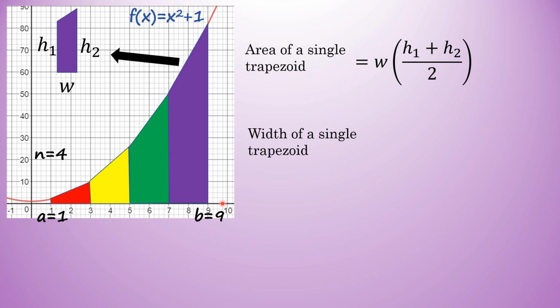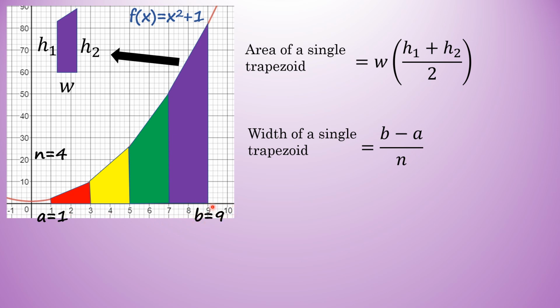Well, the trapezoids cover 8 units from x equals 1 to x equals 9, and there are 4 of them. So the width of a single trapezoid is the difference between 9 and 1, b minus a, divided by the number of trapezoids, which in this case goes from 1 to 9.